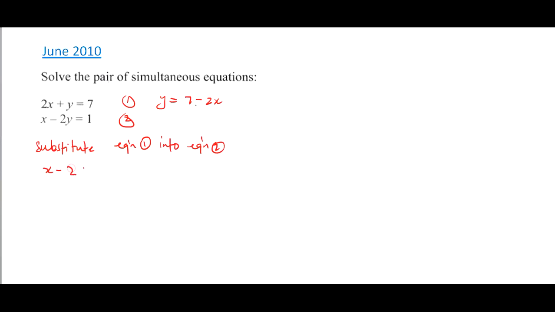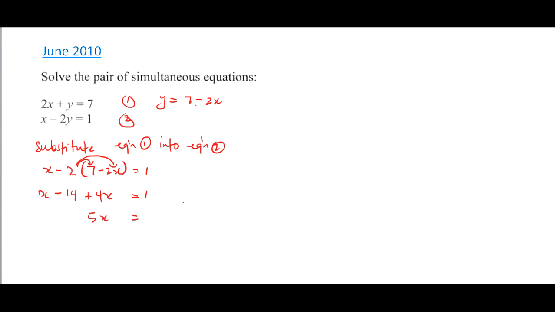So x minus 2, anywhere we see y, we're going to put 7 minus 2x, is equal to 1. So therefore x minus, to remove the brackets here, will be minus 2 by 7, which will give me minus 14. And then minus 2, my minus 2x will give me plus 4x, which is equal to 1. x plus 4x is 5x.